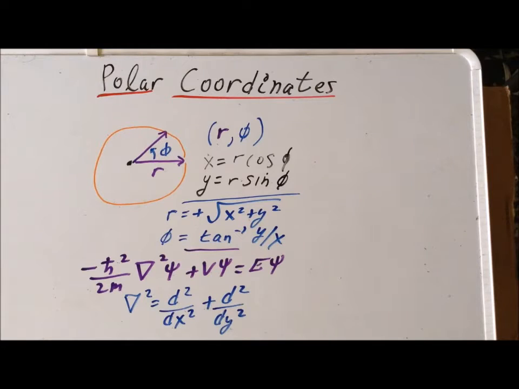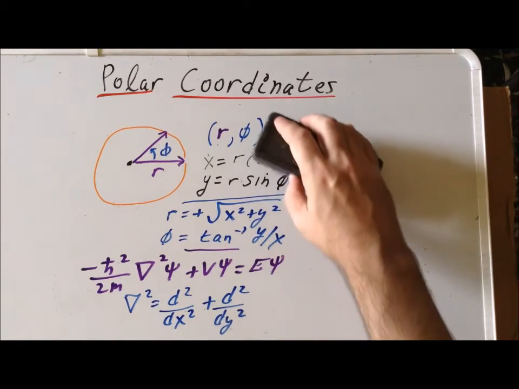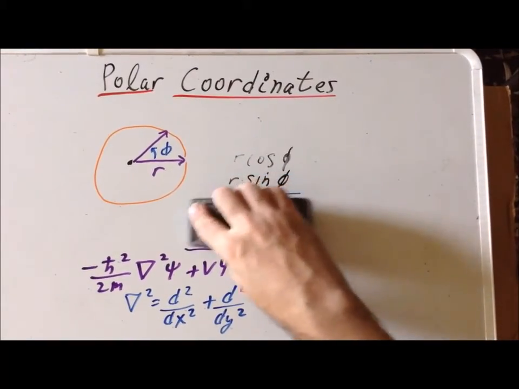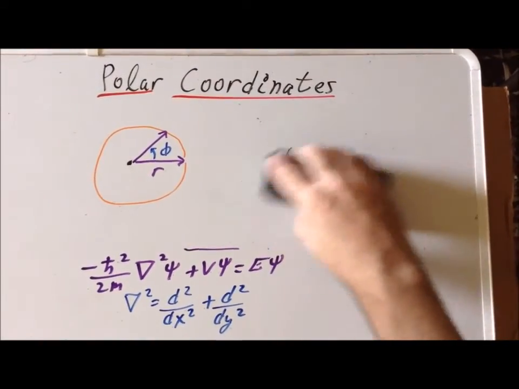We'd also like to be able to write this particular operator in polar coordinates. So in polar coordinates, it's going to have a slightly different form. And the form that it has is as follows.